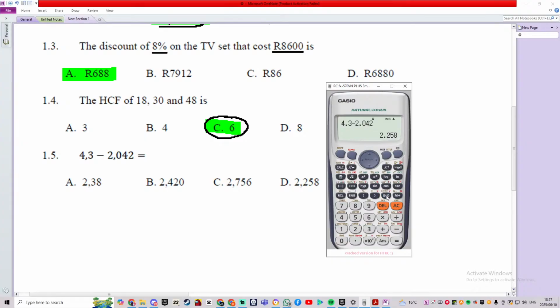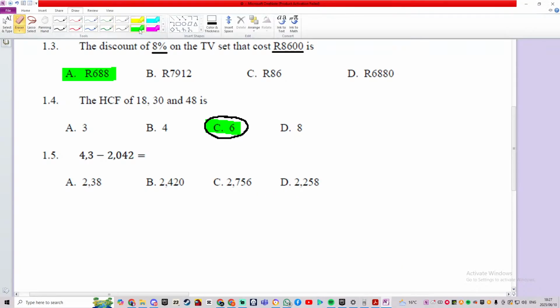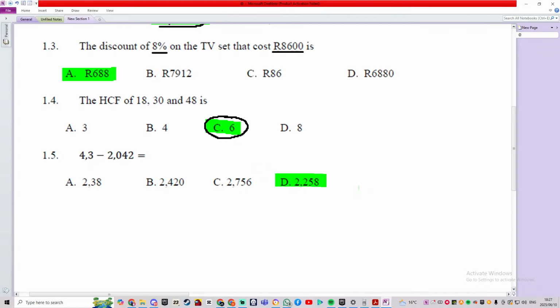You see the SD button that I'm pressing? It's now in blue. So press that SD button. It will convert your decimal to a fraction and your fraction to a decimal. So we have 2,258 there. So our answer is D.